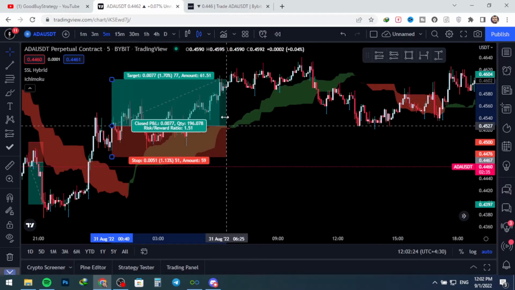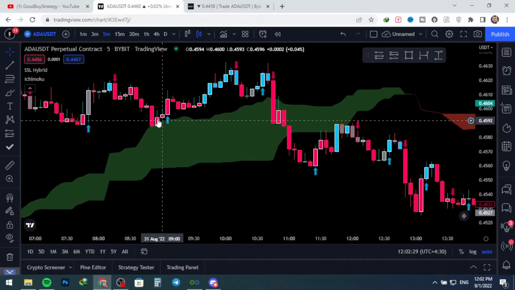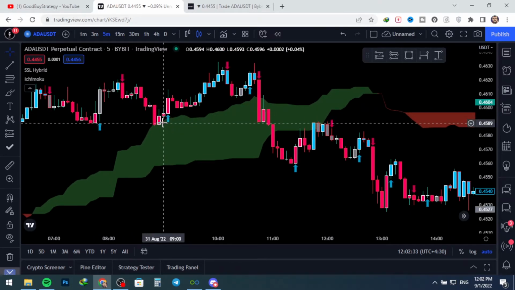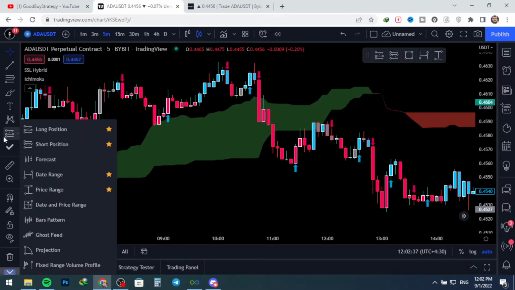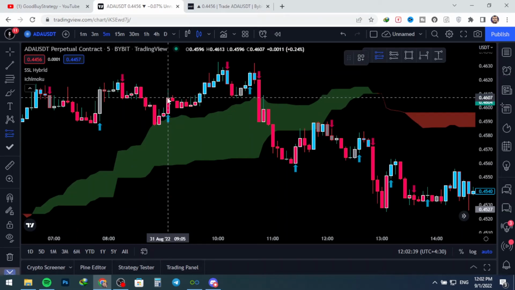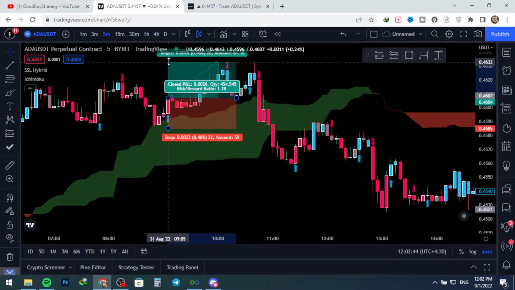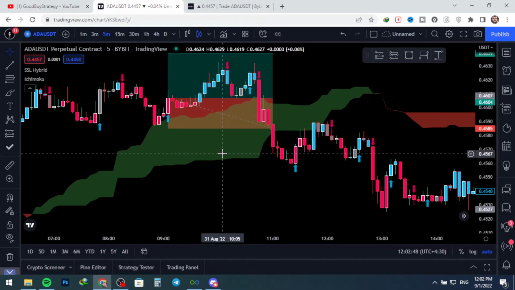Here are the profits. Here we see a blue arrow and we are above the cloud. Open a long position again here, but our stop loss is hit.